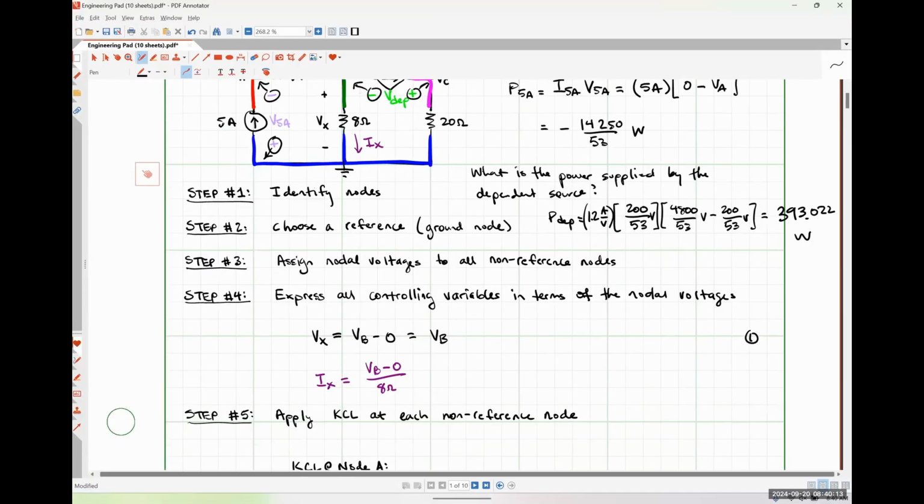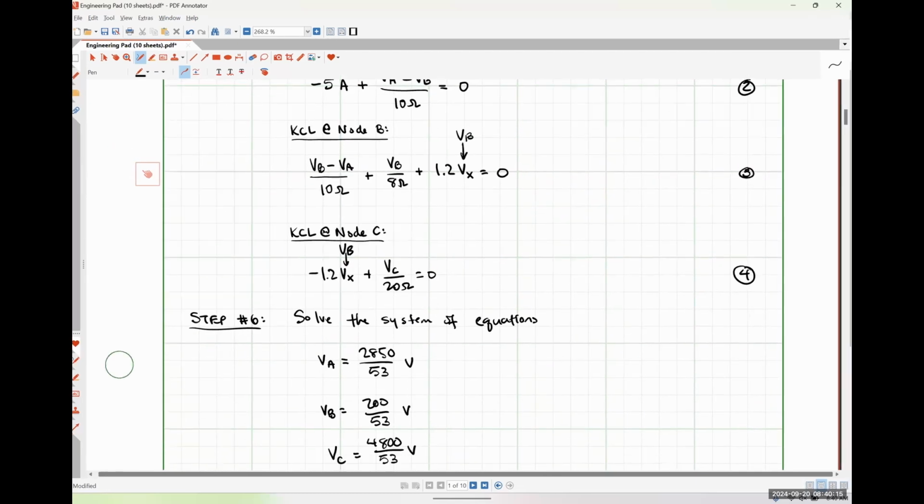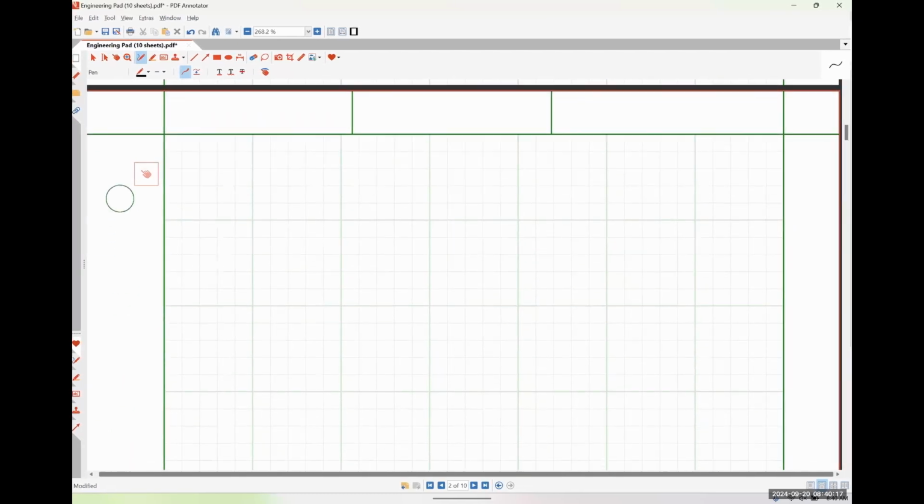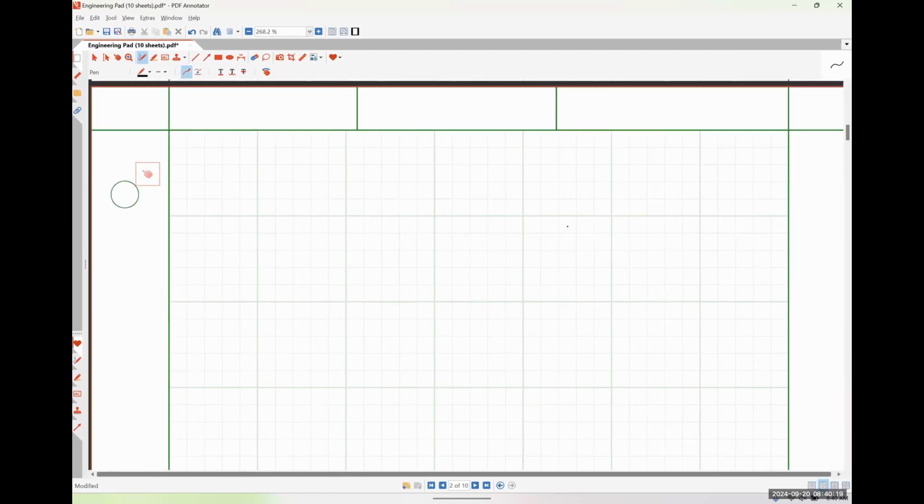Whenever we have voltage sources present, it actually messes things up a little bit. It's going to seem annoying at first, but as we practice, we'll find out that having voltage sources in a system when we're applying nodal analysis is a good thing because it means that some of our unknown quantities are known. Okay.